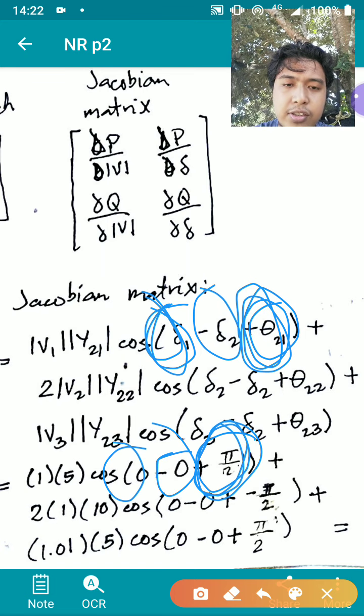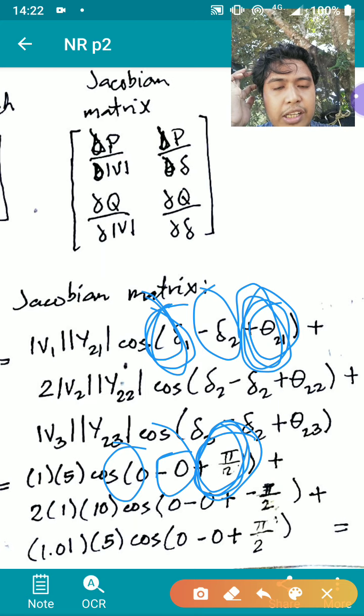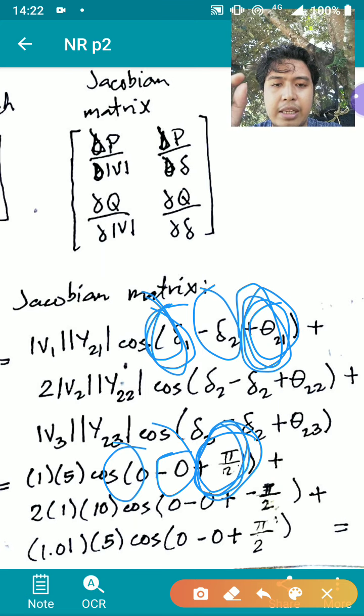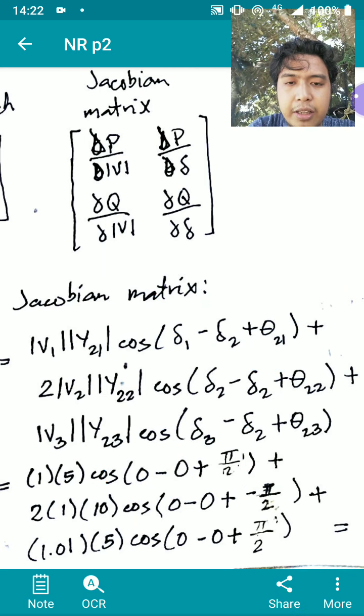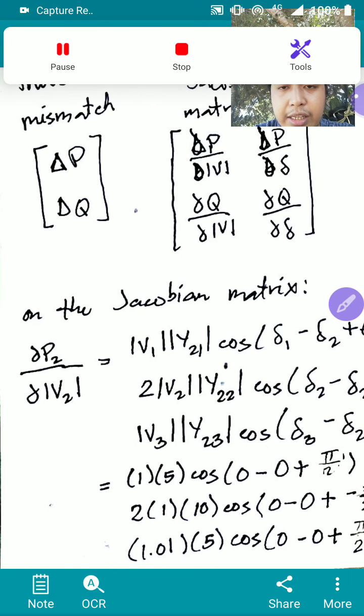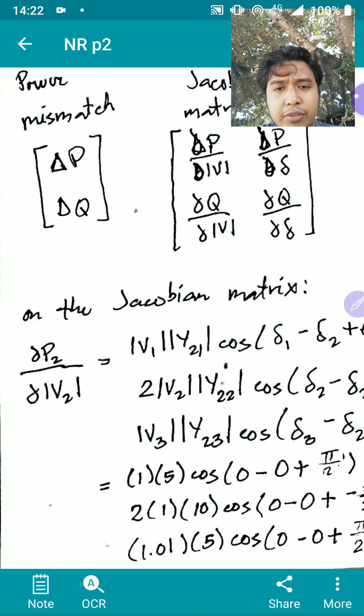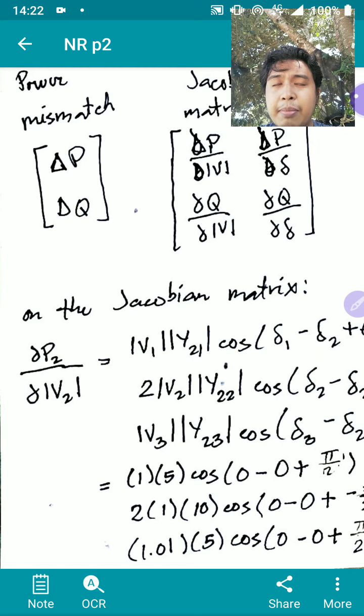It's in radians, take note, it's in radians and not in degrees. Okay, that is very, very important. I'll show you later why, but take note, for Newton Raphson, always use radians. Okay, so that's the partial derivative of P2 with respect to the magnitude of V2.